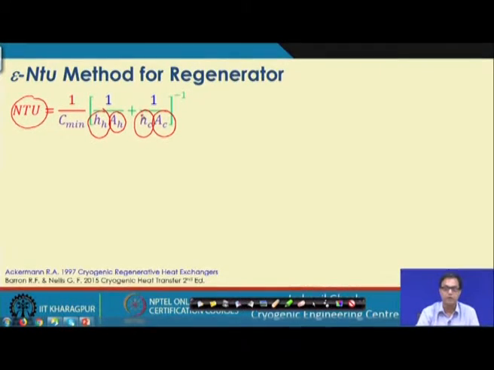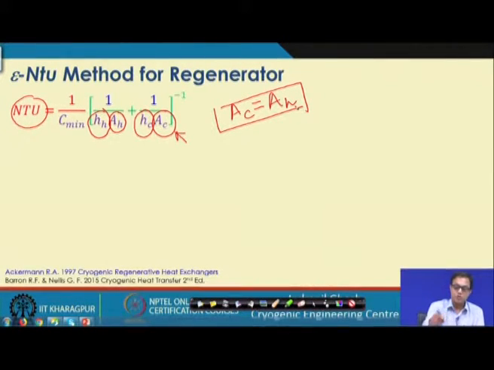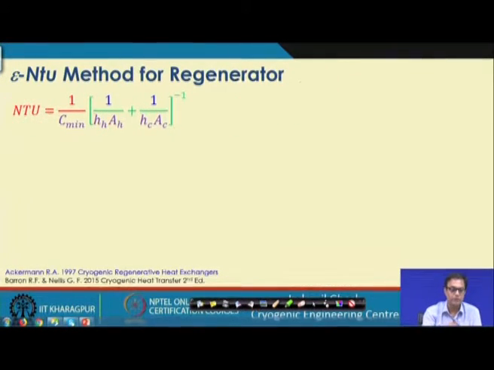Often you will find for a fixed bed regenerator that A_C and A_H are mostly equal, which is not the case for a rotary type regenerator, but the rotary type regenerator is not the subject that we are going to deal with in this class. So, we will mostly assume that A_C equals A_H and that equals A_W, and that is how the NTU of this regenerator is defined.